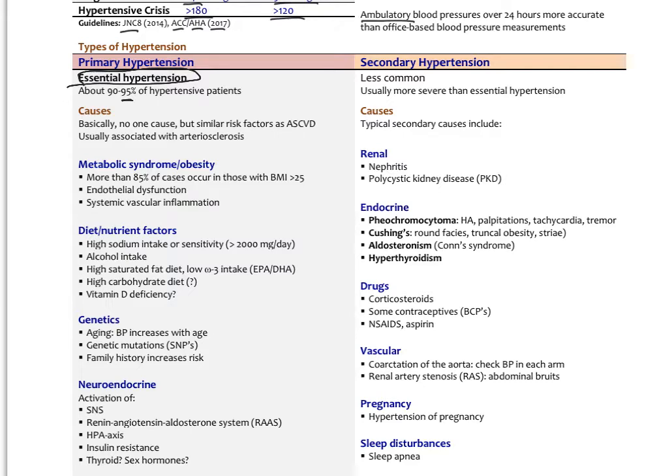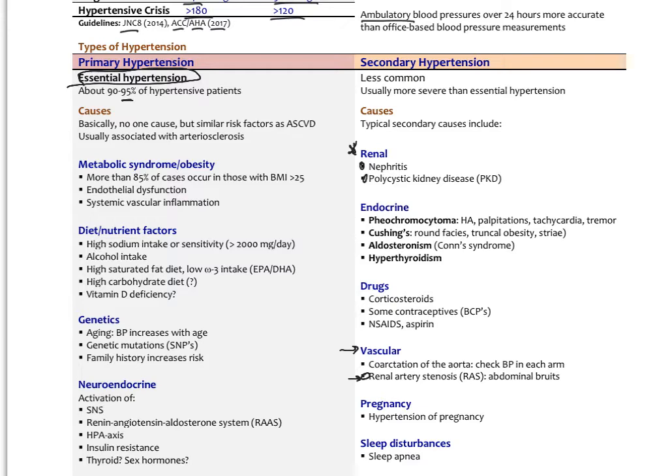And the most typical causes would be in the kidneys, so having kidney disease like nephritis, inflammation in the kidneys, or polycystic kidney disease, as well as, and I'll jump down to vascular here, renal artery stenosis. So we already talked about that, and that's where the arteries that feed the kidneys, the renal arteries, develop atherosclerotic plaque, and that diminishes blood flow into the kidneys.